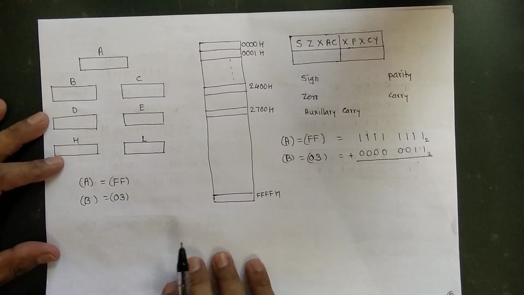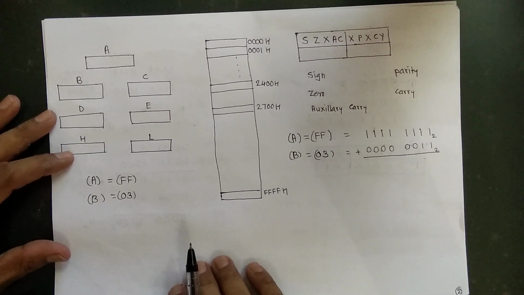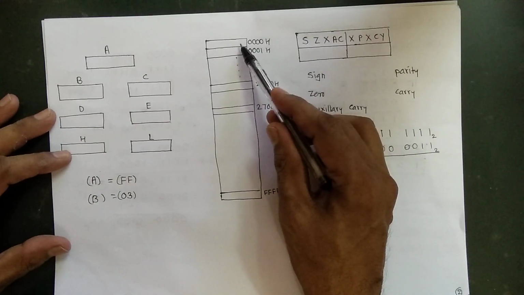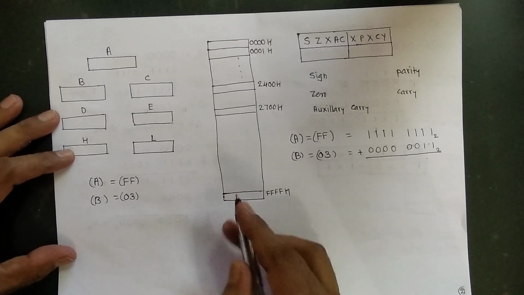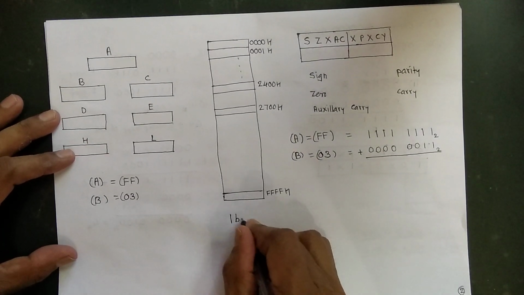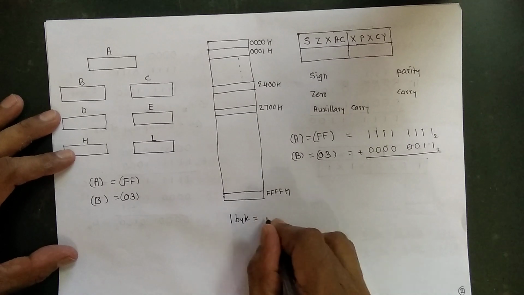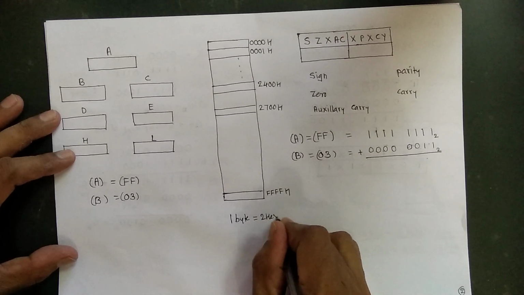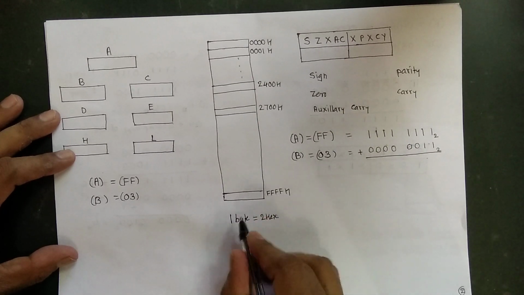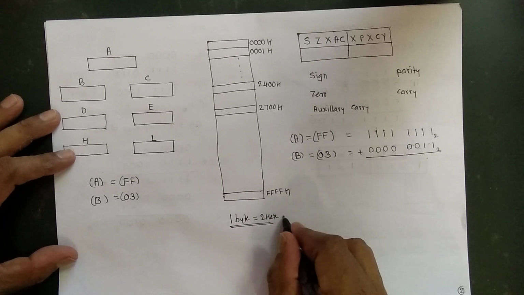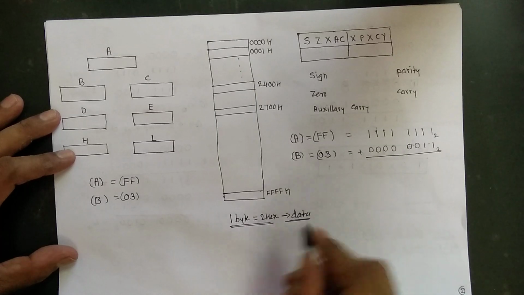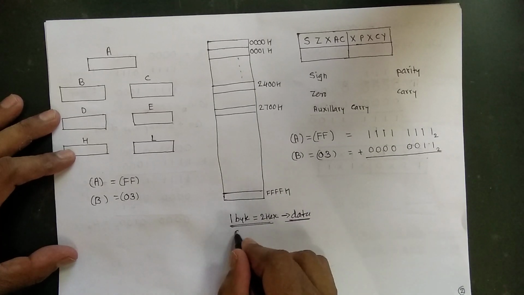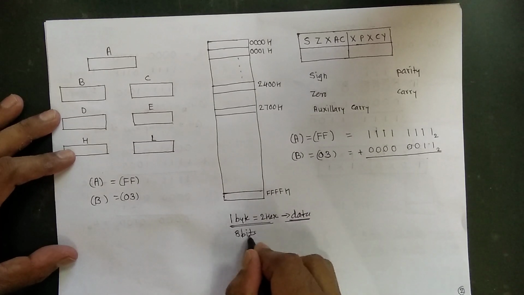Just now I explained that any memory location can hold only one byte number, that is equal to 2 hexadecimal digits. This is called the data size, that is equal to 8 bits.